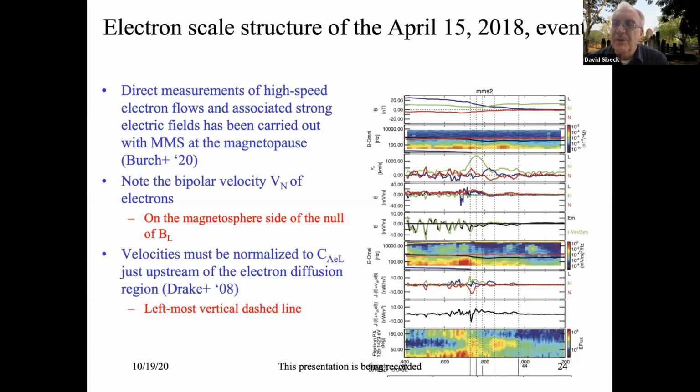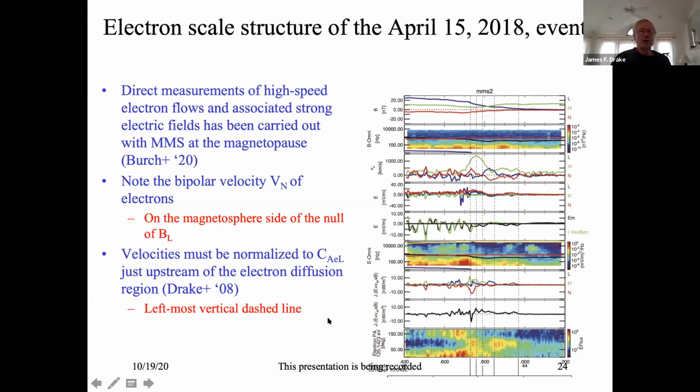So he's referring to Lynn Wilson's question and speculating it's electrons with more energy are noisier, leading to a faster transition to macroscopic reconnection. Okay, so unfortunately, keep in mind that Richard Denton is my former student.